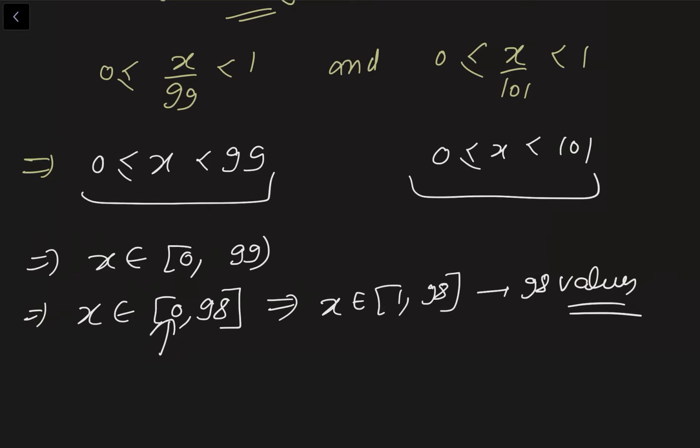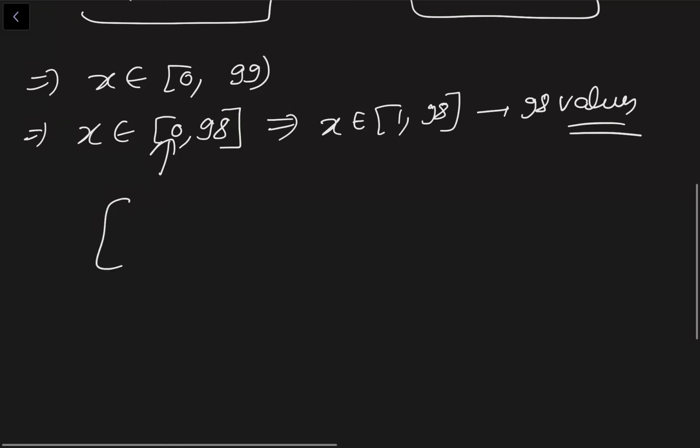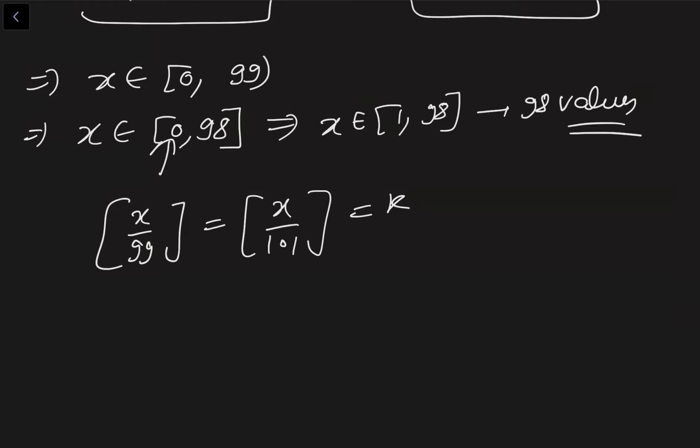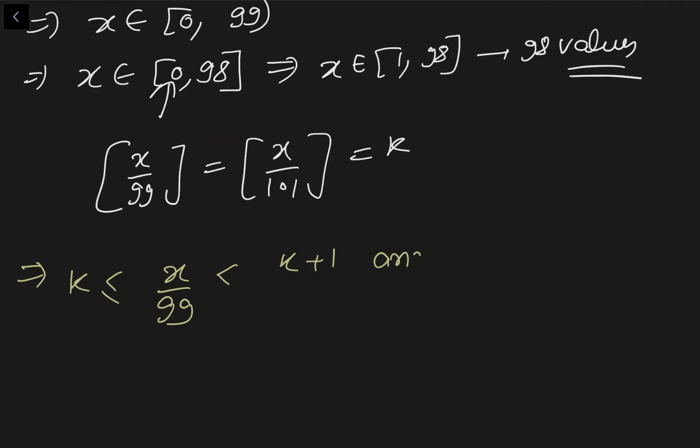Well and fine, but this is the case when this quantity is equal to 0. If this quantity equals 1, I will get some other numbers, and if it equals 2, I get some other numbers. So instead of solving for each one, I assume this quantity to be equal to k, so x by 101 equals k. Now x by 99 should lie between k and k plus 1, and in the same way x by 101 should lie between k and k plus 1.